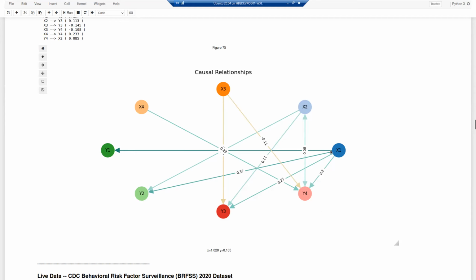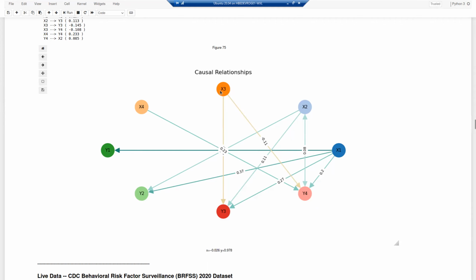Now the deepness of color illustrates how strong that causal relationship is. And the color, whether it's brown or blue, tells you whether it is a positive relationship or a negative relationship.